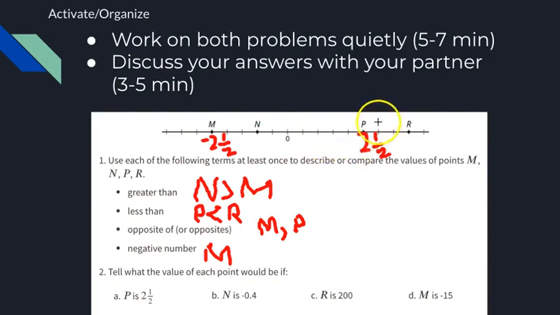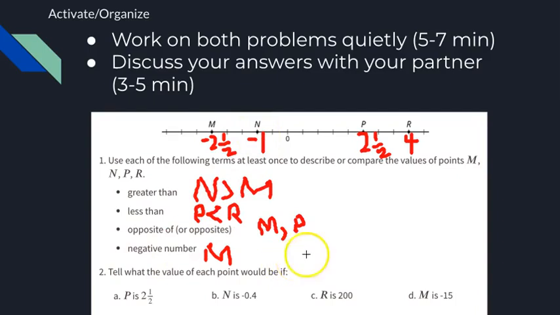So if this is 2 1/2, 3, 3 1/2, 4. So R is at 4. What about here? Yeah, N is at -1, right? Because if each one of those hashes is 1/2, two of them would make -1.